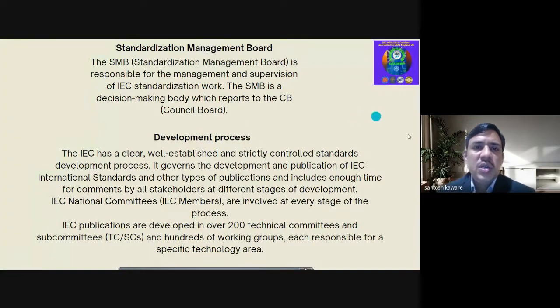This is the standardization management board of the IEC.